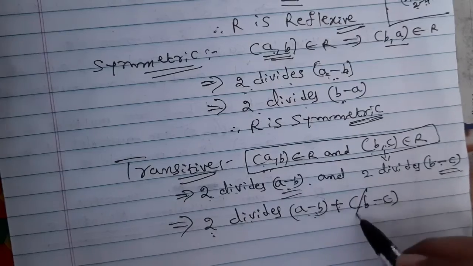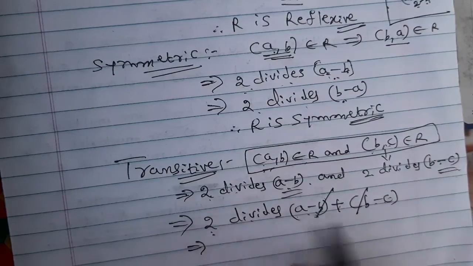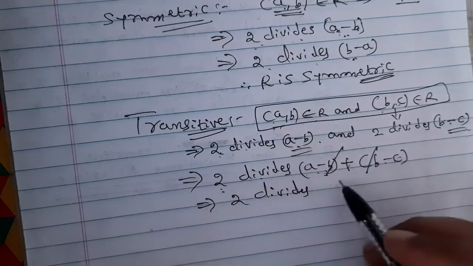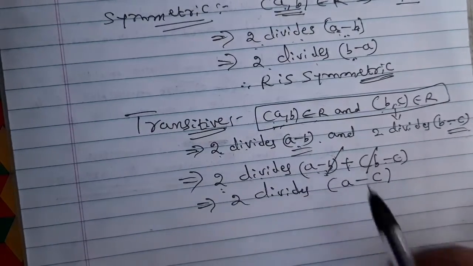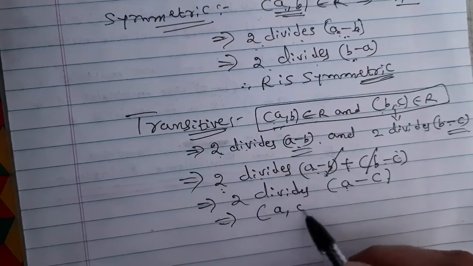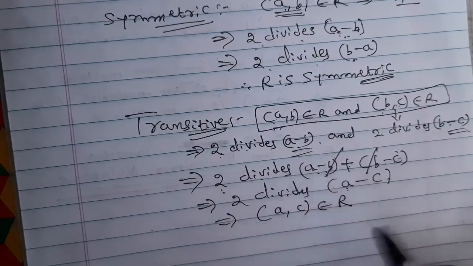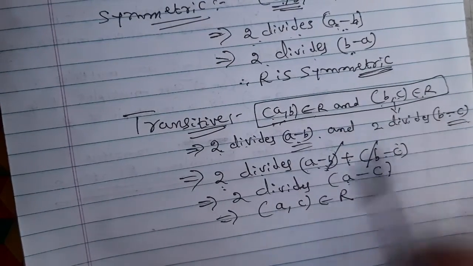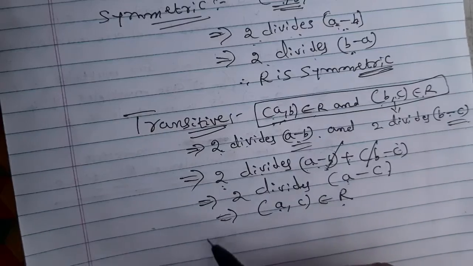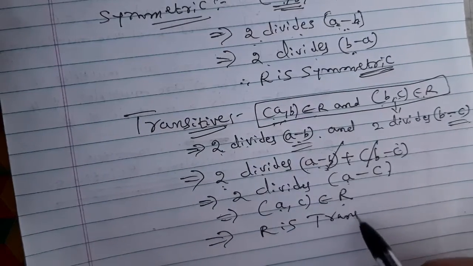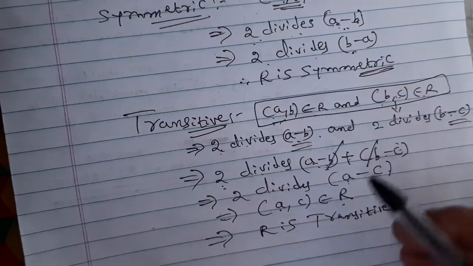Here the b terms cancel, and what we get is 2 divides a minus c. So the terms left are a and c. So 2 divides a minus c means what? According to the definition, (a, c) belongs to R. So (a, b) belongs to R, (b, c) belongs to R, and we got (a, c) belongs to R. Overall, R is transitive.